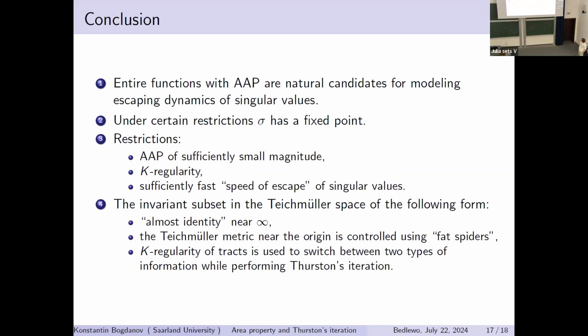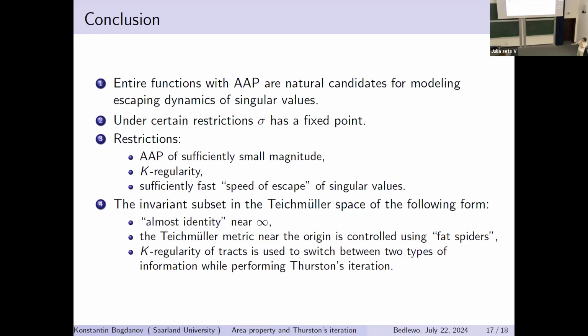Then we can construct the invariant subset in the Teichmüller space with the following form: our representative maps are almost identity near infinity. The Teichmüller metric near the origin is controlled using fat spiders. And K regularity of tracts is used to glue these two regimes.